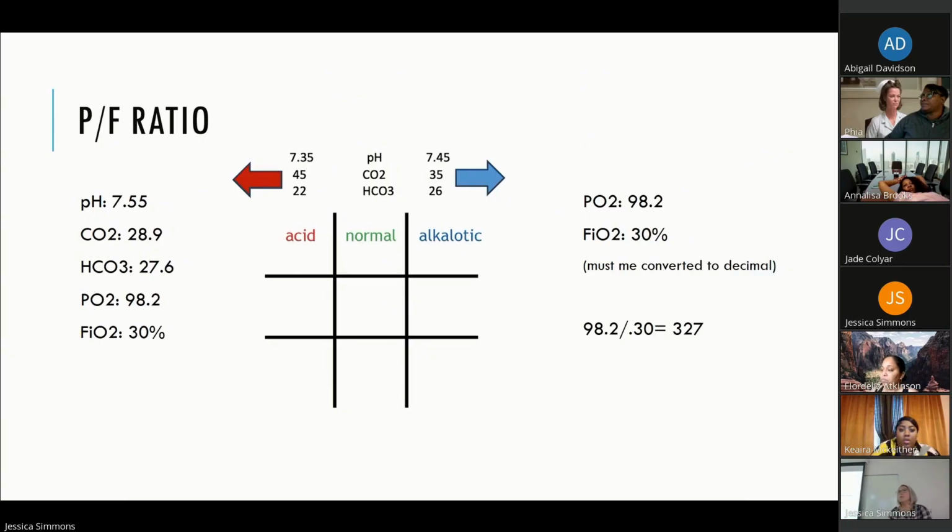So here is an example of a PF ratio. Our pH is 7.55.